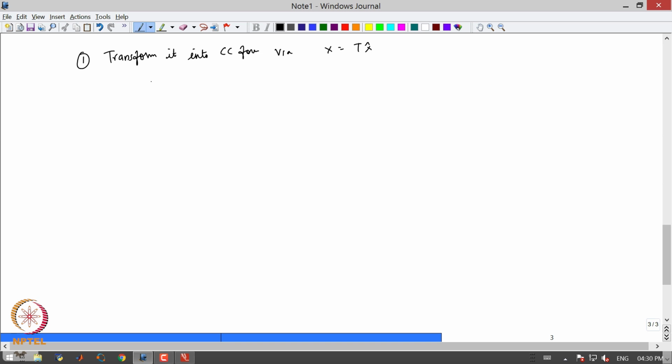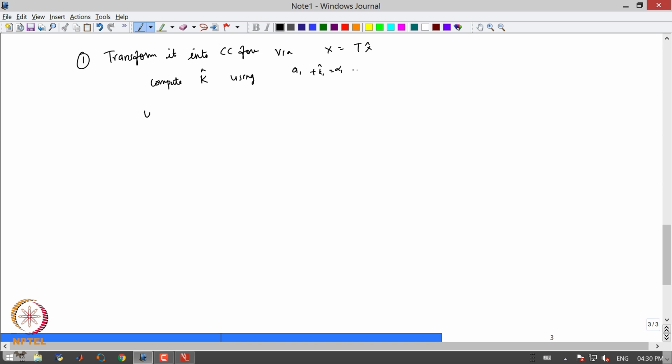Now compute k, let me call this k cap because I am looking now at the controllable canonical form, using these formulas here, that is, a1 plus small k1 cap is alpha 1 and so on.